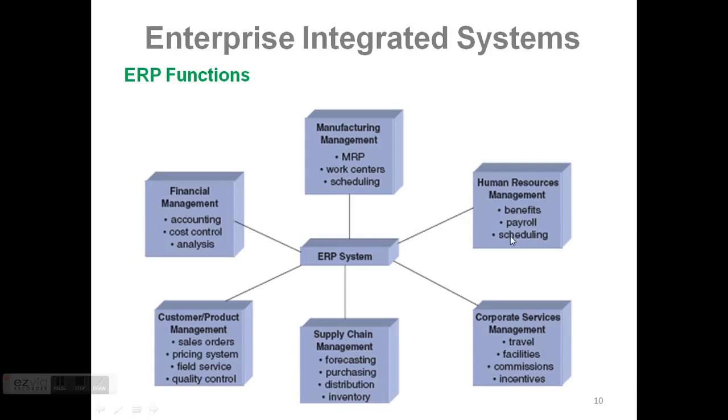In a stovepipe design, this will be only available to human resource management's department, but by using ERP, these functionalities will become available to every other department throughout the organization. Therefore, different roles of management, for example, a financial manager, can actually access and see things in real time from human resource services, and vice versa.